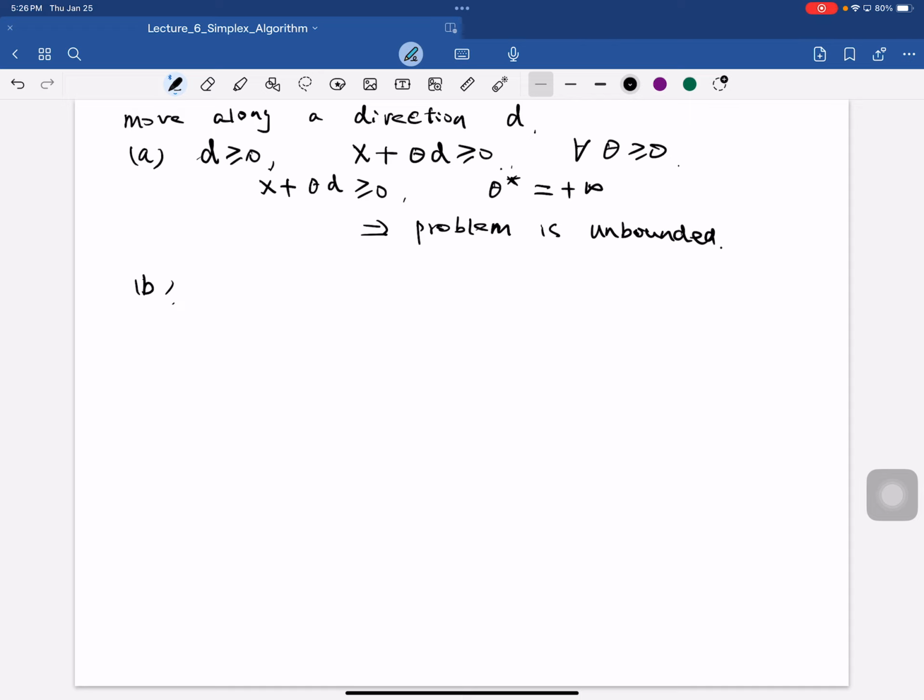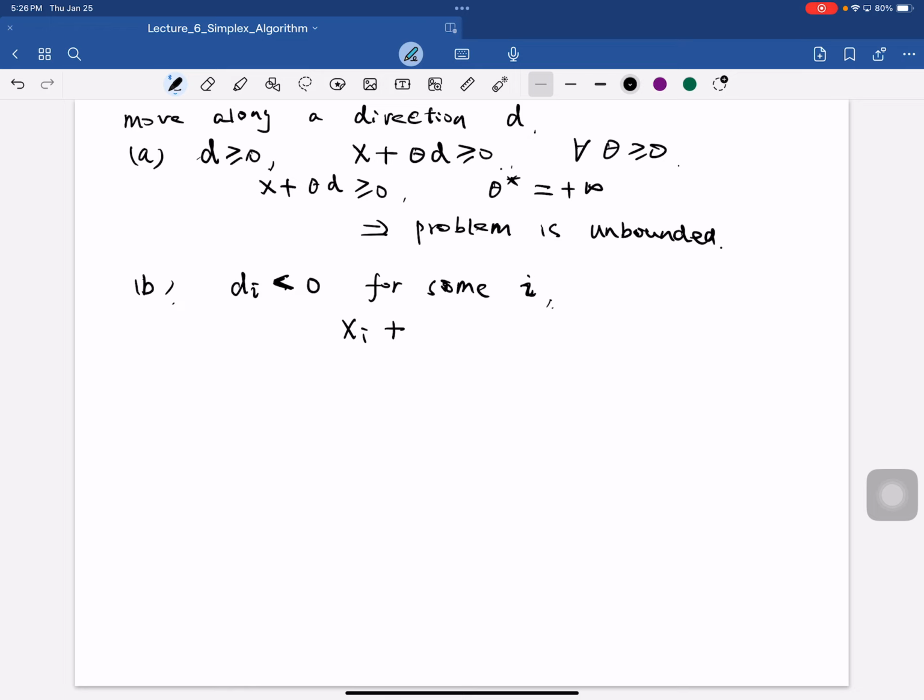there has to be one of the components of D such that Di is strictly less than 0 for some i. And then the constraint becomes, let's just consider this component i.